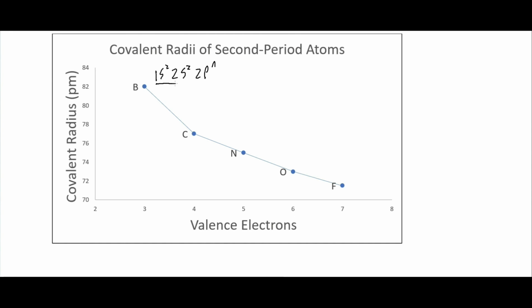So we have the same number of these shells here, but the Z, or the positive charge, is increasing by +1 each time we go across, and so it's sort of pulling the electrons closer and closer to the nucleus because of the increased positive charge from it.